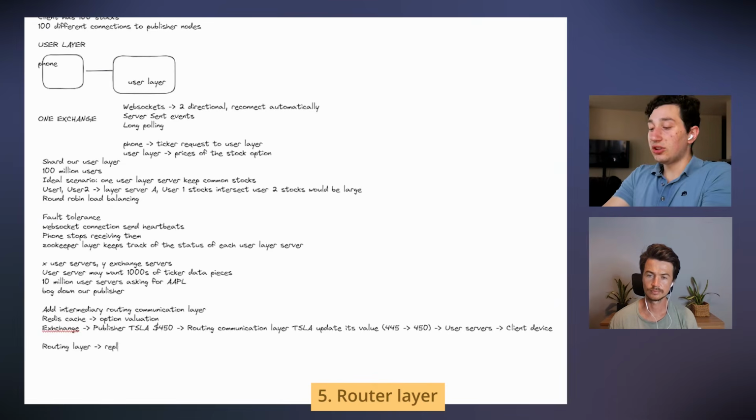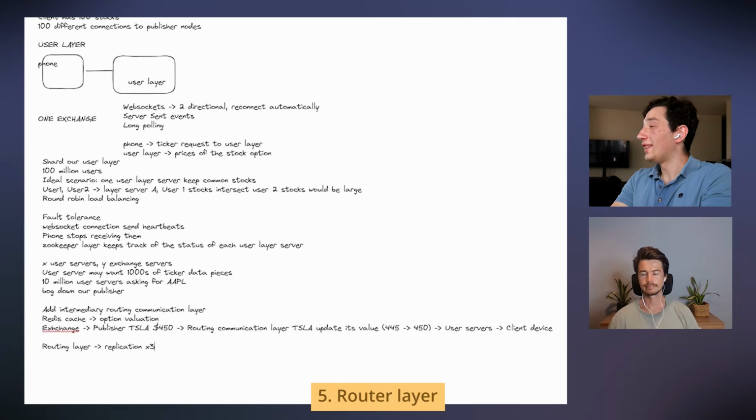For the routing communication layer, I think it's just a matter of using replication. Our publishers, it's no big deal if each publisher is publishing to like 3 places instead of 1. It's a big deal if our publisher is publishing to 1,000 places instead of 1. So I think using replication 3x or something like that, totally fine.